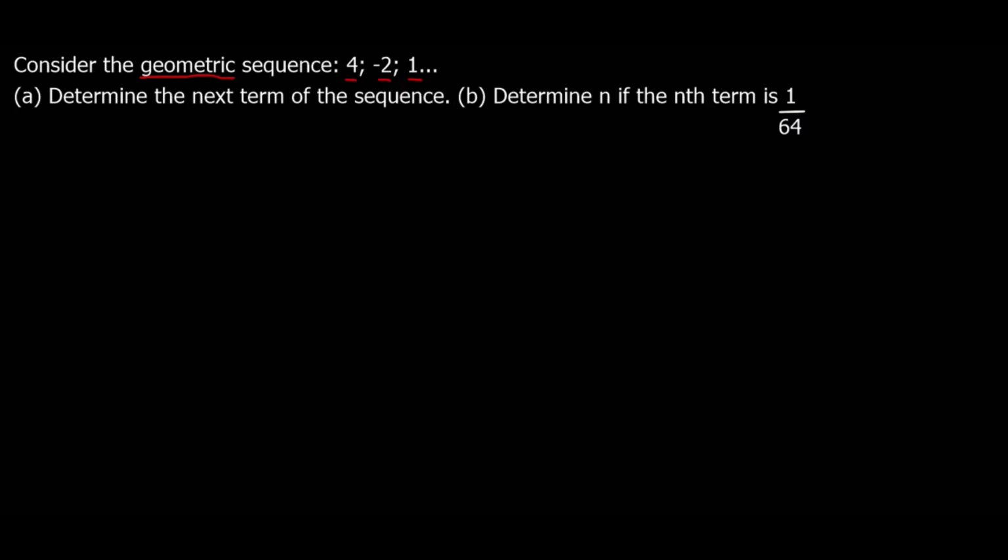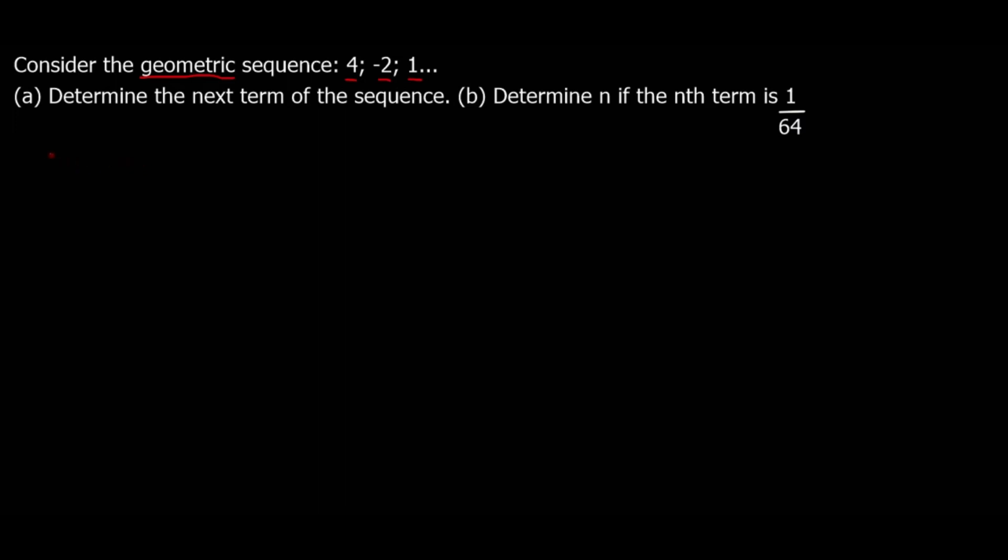Before answering any question, let's recap what we know about a geometric sequence: there is a constant ratio between the terms, and moving from one term to another, we multiply by the constant ratio.